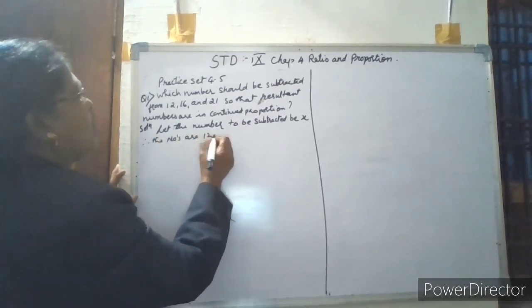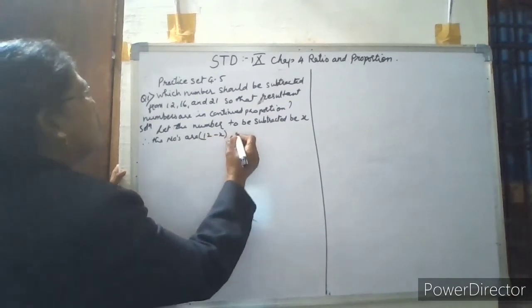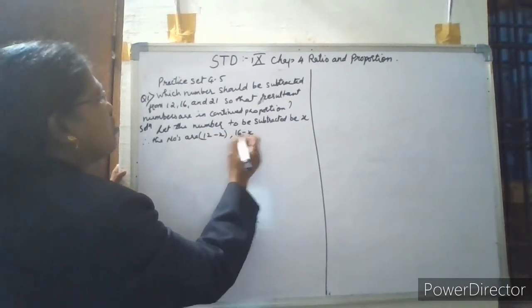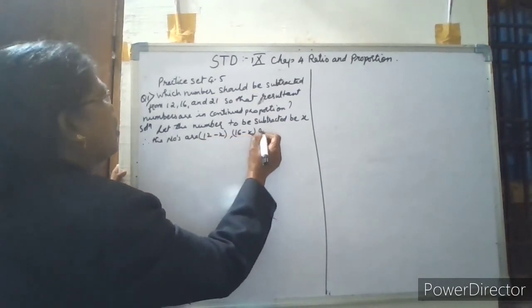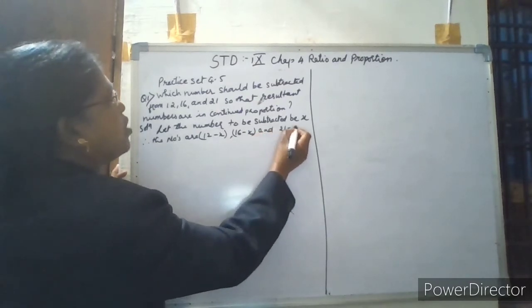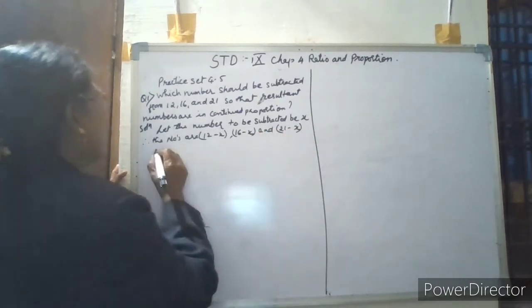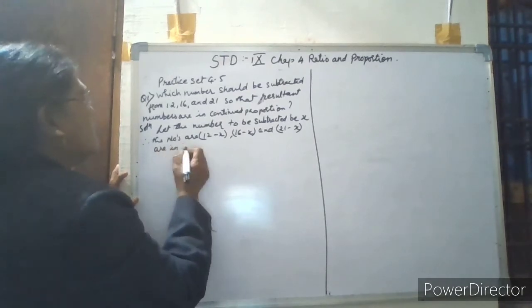Therefore, the numbers 12 minus x, 16 minus x, and 21 minus x are in continued proportion.